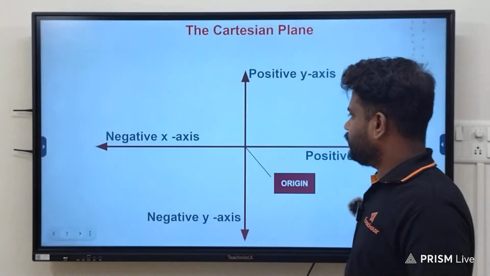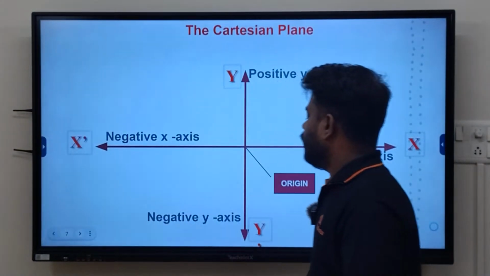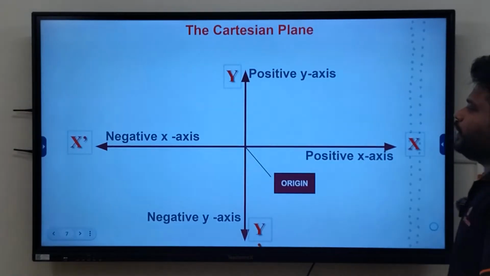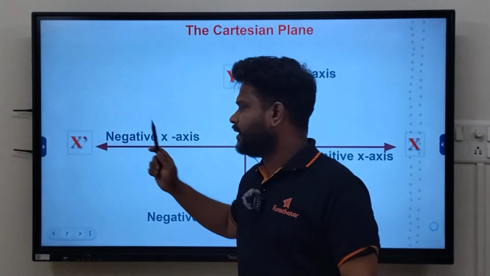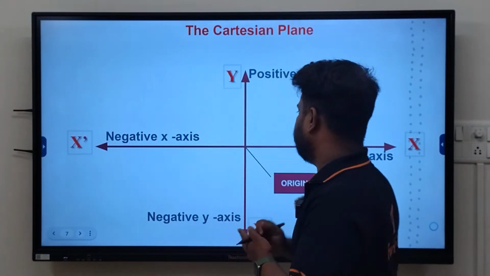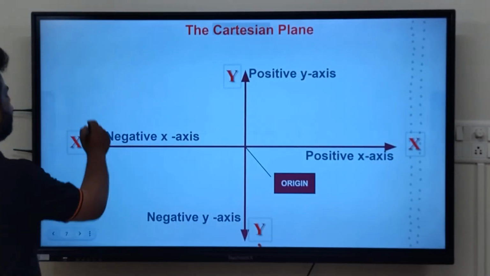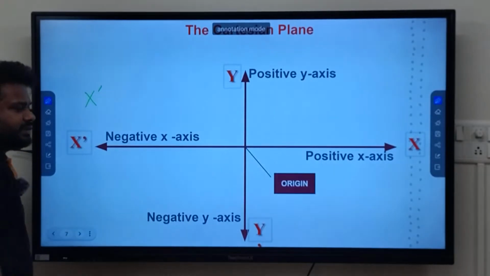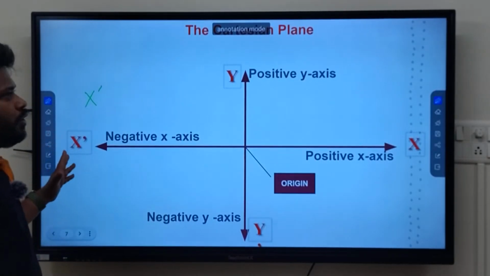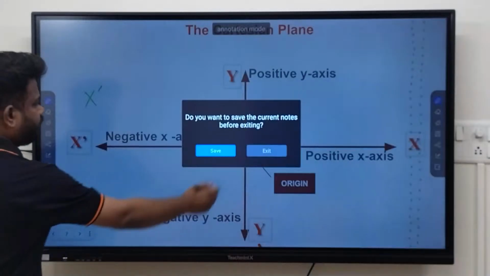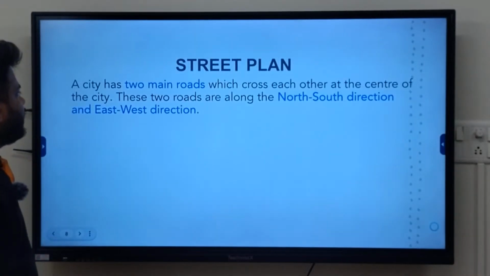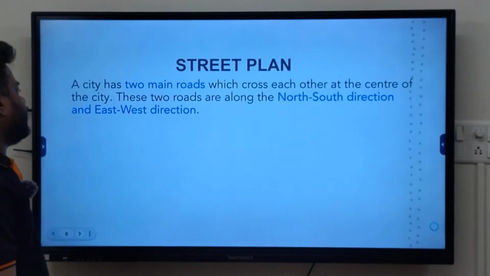Now let's go further. Okay, so this one will be called x dashed, and they have written it like x comma, but you can write it like this. You can also write it like this. They have written it like x comma. Okay, and next, street plan.